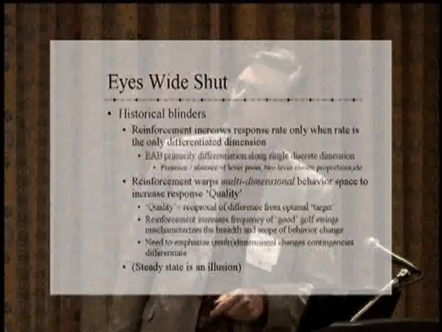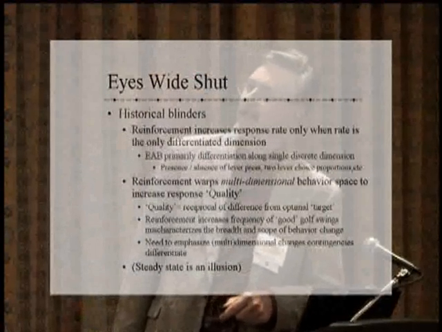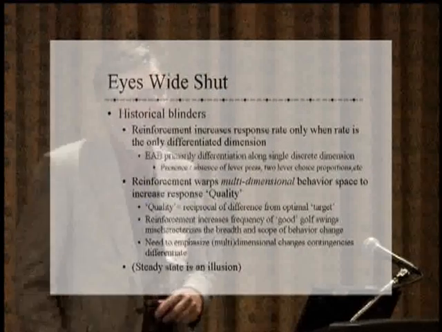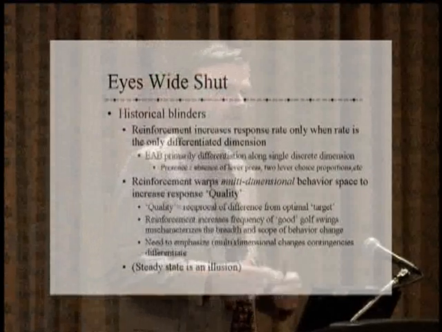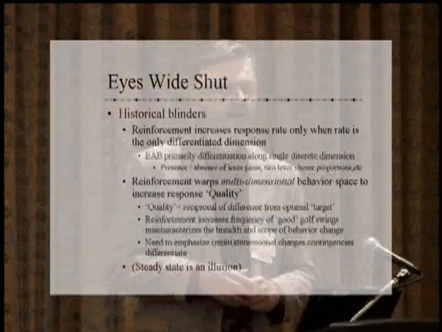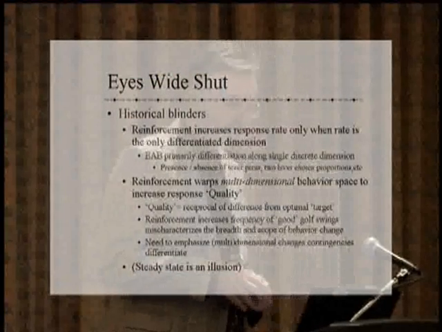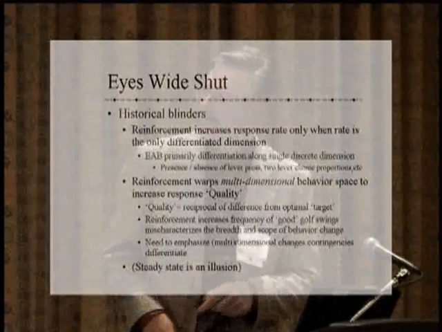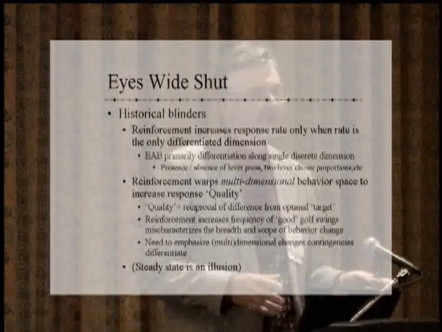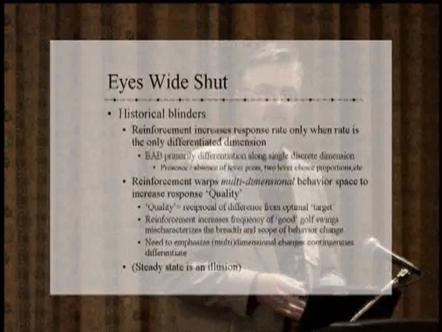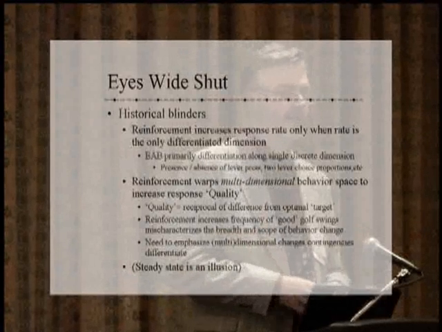Reinforcement works, and I put the word multi-dimensional in here, in behavior space, to increase what I would like to call response quality instead of response strength or response rate. Quality is some reciprocal of the difference between what you're doing and what you should be doing, what the optimal response is.